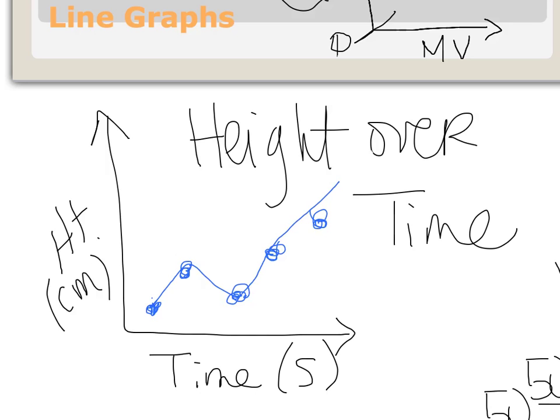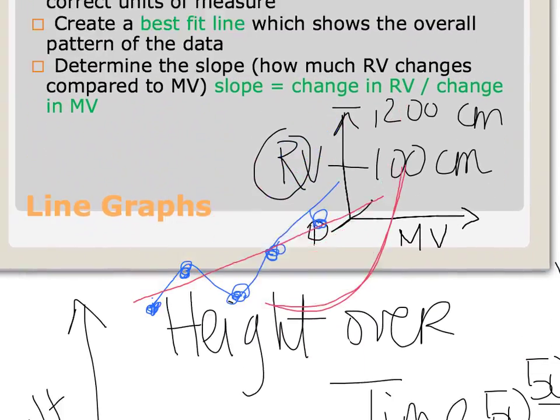That line can either be a curve, if your trend is somewhat level at the beginning and then increases sharply, or it can be what's called an average line of best fit, where we draw a trend line that shows the pattern in our data in an average sense. So here we're showing that the height increased over time at a relatively steady pace. That's what that information would indicate.